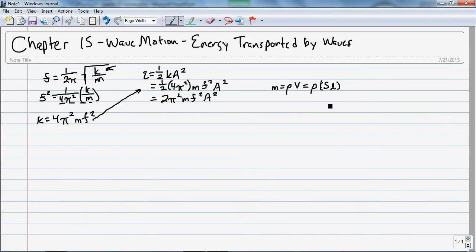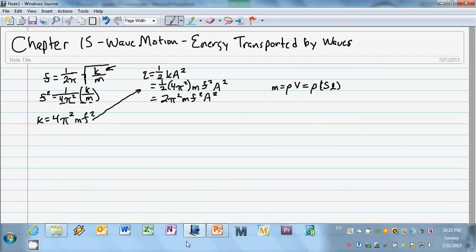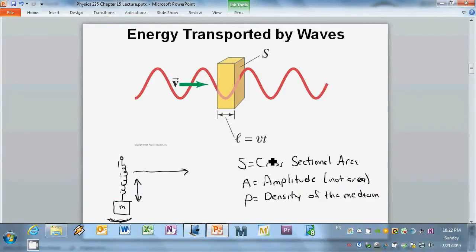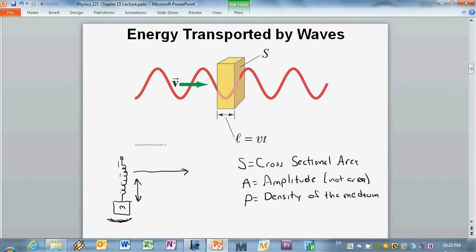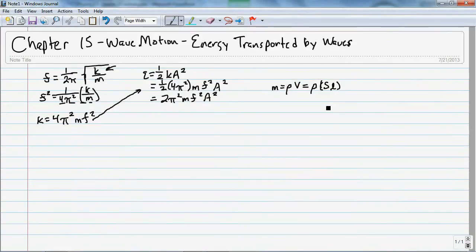But the length, if we go back to this picture, notice that the length is just equal to the velocity times the time, the amount of time that it takes to get through that length, and we know the velocity of the wave. So we can substitute that in, so we get density times cross-sectional area times velocity times time.